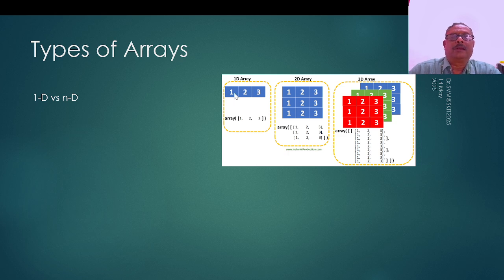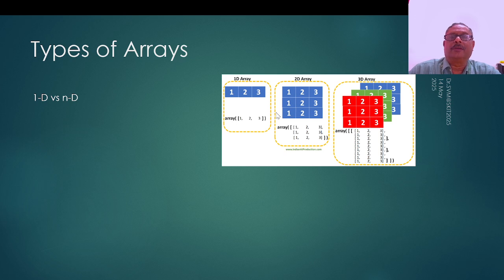That means there are elements which are oriented in one direction. So here we can see 1, 2, 3, elements which are aligned along one row. Whereas when you say 2D array, then it is a combination of row vectors combined together.